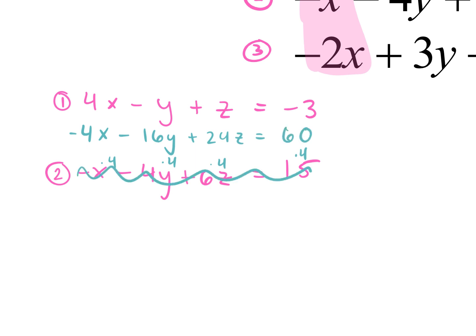So this is our new second equation. Let's combine these two together. Do the x's cancel? Yep, so we're left with negative 17y plus 25z is equal to 57.